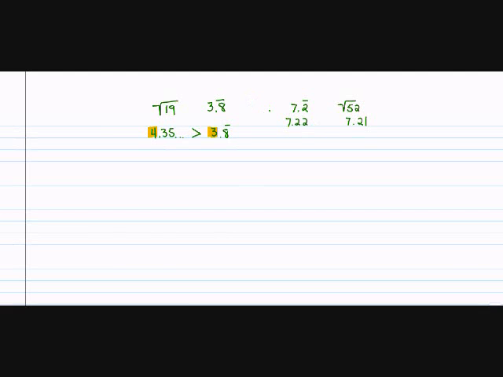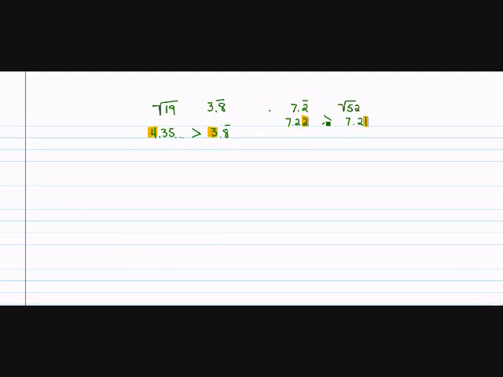In this case, I have the 7s are the same, the whole number is the same. The tens place is the same, and now I have to look at the hundredths place. And as you can see, 7.21 is less than 7.22.